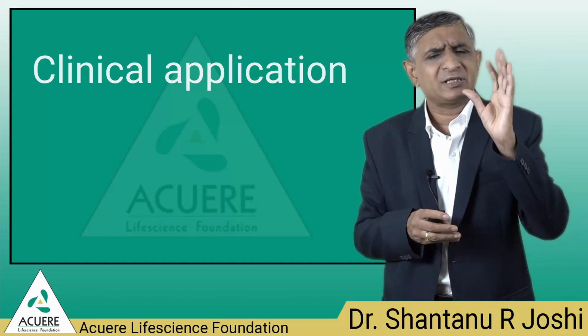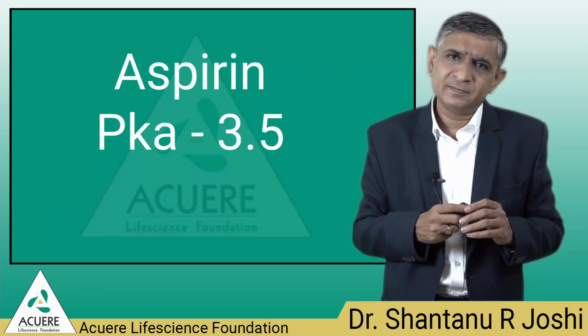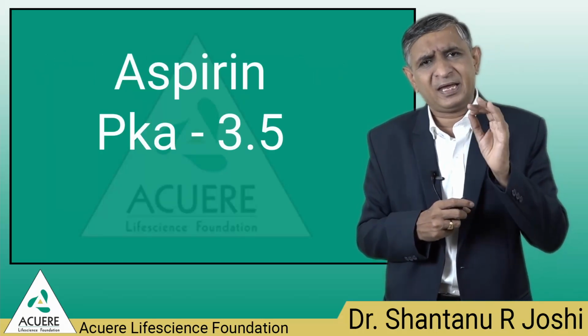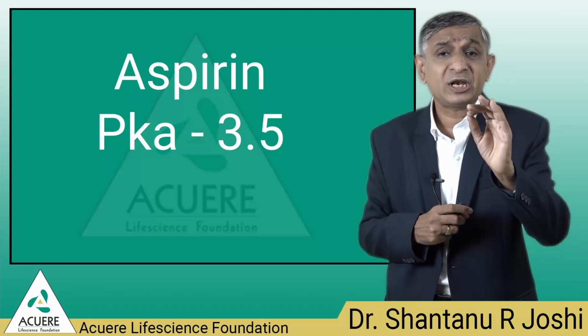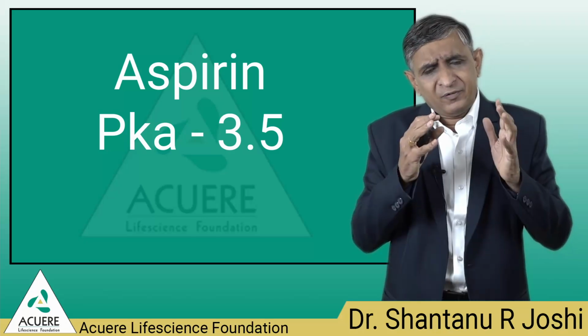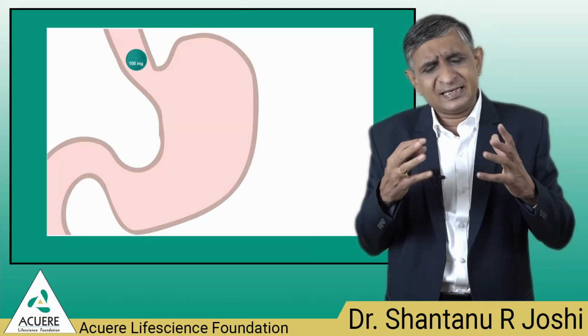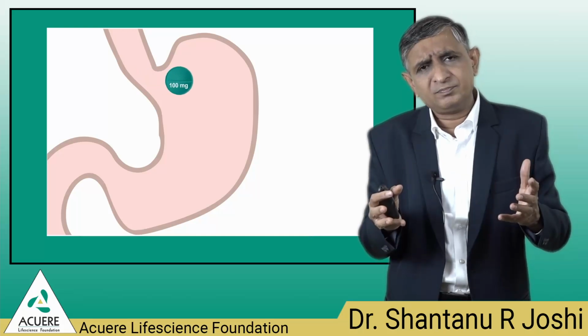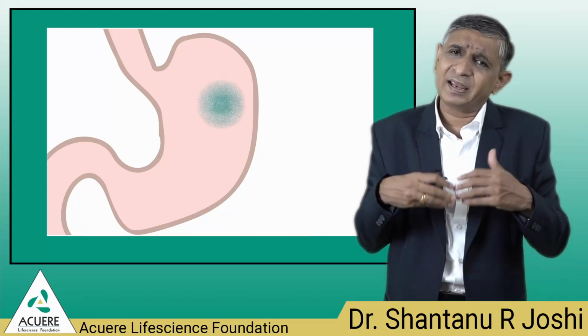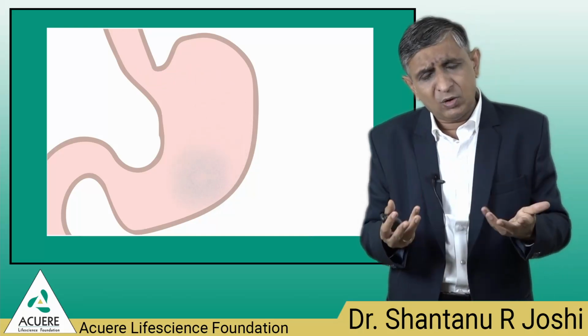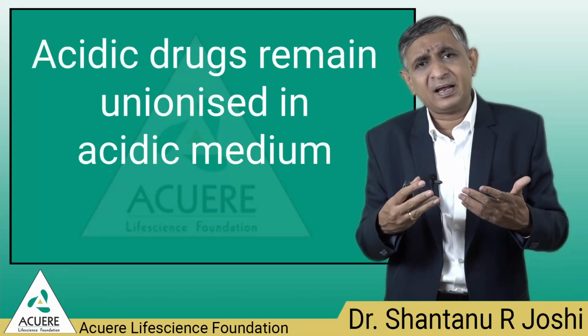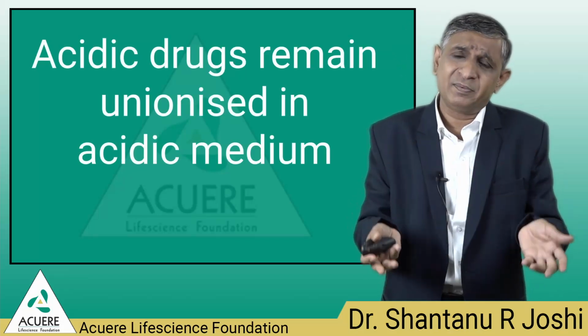I would like to give the simple example of aspirin. Aspirin is having the pK value of 3.5. When we take aspirin, in the stomach it is going to dissolve and the medium of the stomach is acidic. All of you know that the acidic drugs remain unionized in the acidic medium.